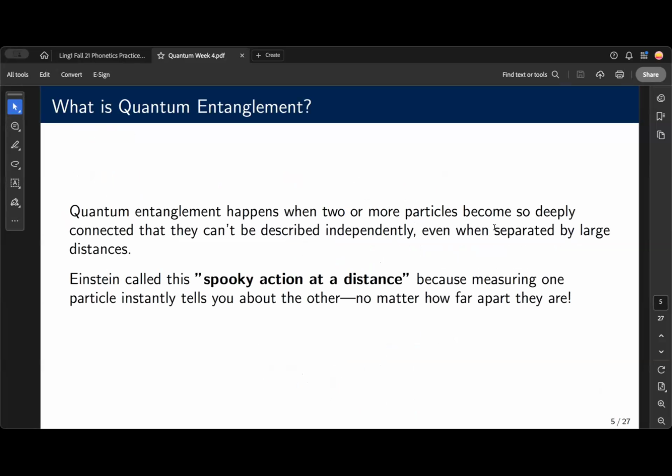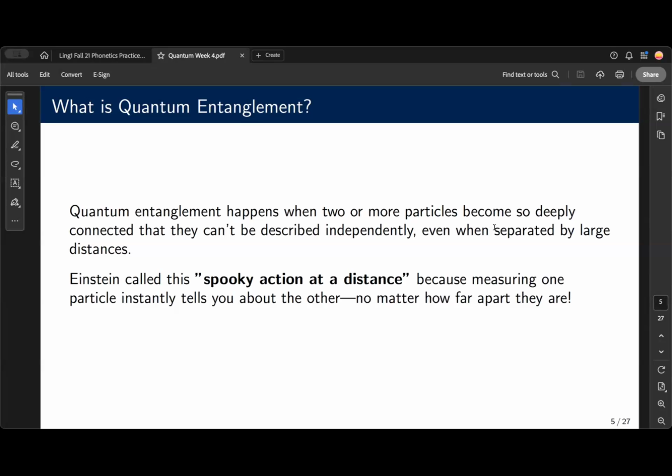So think of it like some object A in this room can describe an object B, or is somehow related to object B that is existing across the world, like 1,000 miles away or something, 10,000 miles away. So this is what we say is being entangled, as in they're both interconnected.